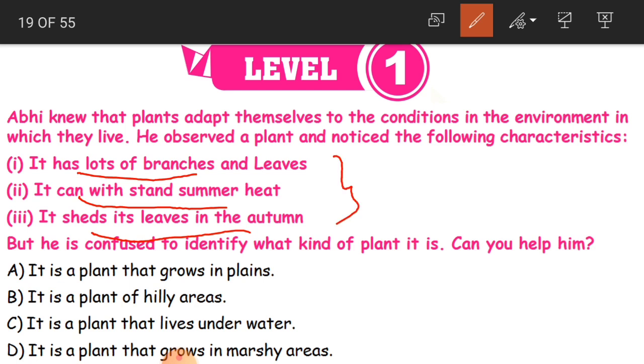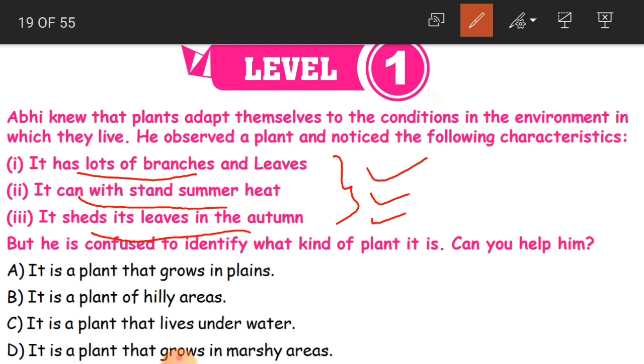The plant has lots of branches. It can withstand summer heat, in the sense it can tolerate the heat of the sun, and it sheds its leaves in the autumn. But he is confused about what kind of plant it is. Can you help him?